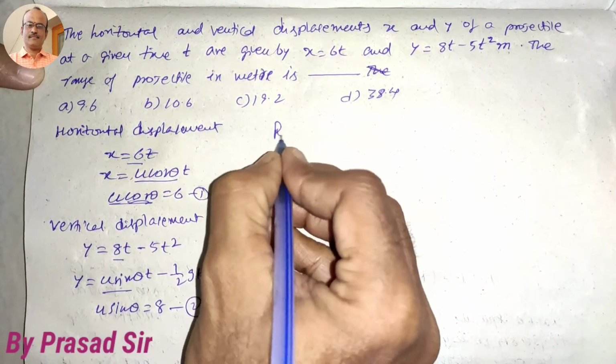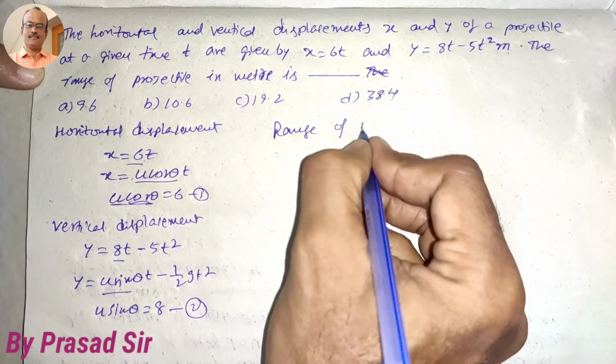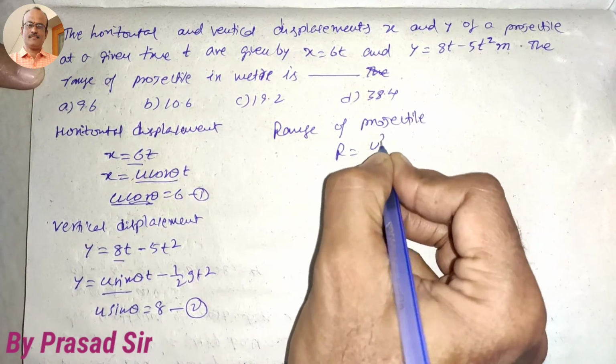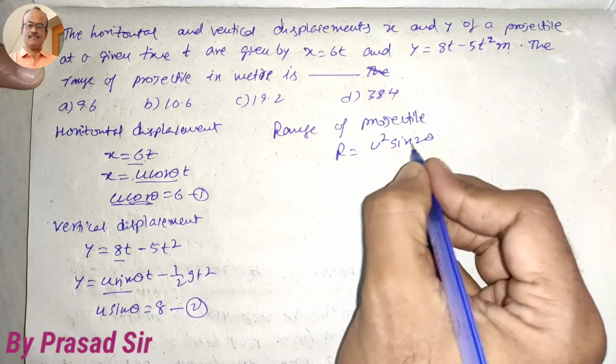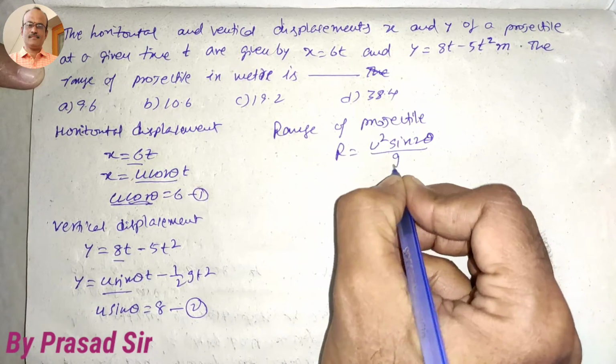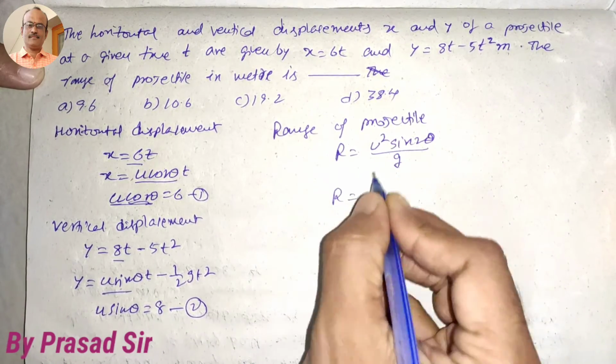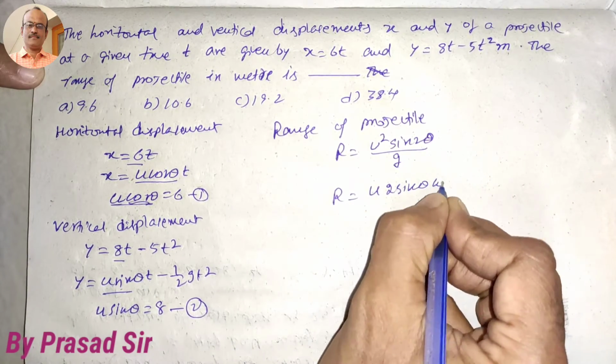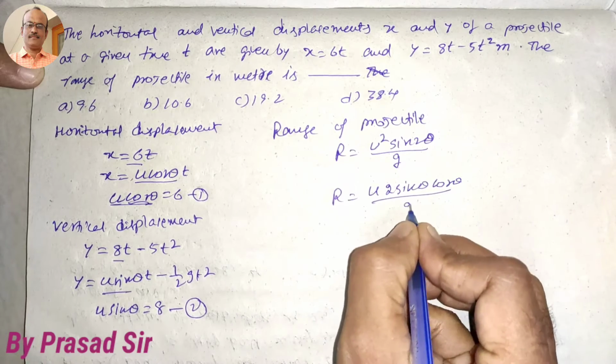Which one do we want to calculate? Range of projectile. So range of projectile R is equal to u square sin 2 theta divided by g. So R is equal to u square into 2 sin theta cos theta divided by g.